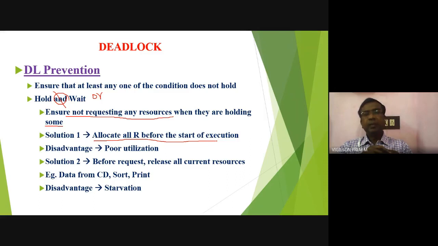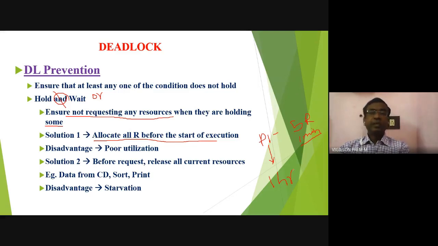Okay, here the problem is poor utilization. That means what? Suppose process P1 requests 5 resources as I told. Each resource it requests just for 1 minute, for example, but the process execution time is 1 hour. What will happen?